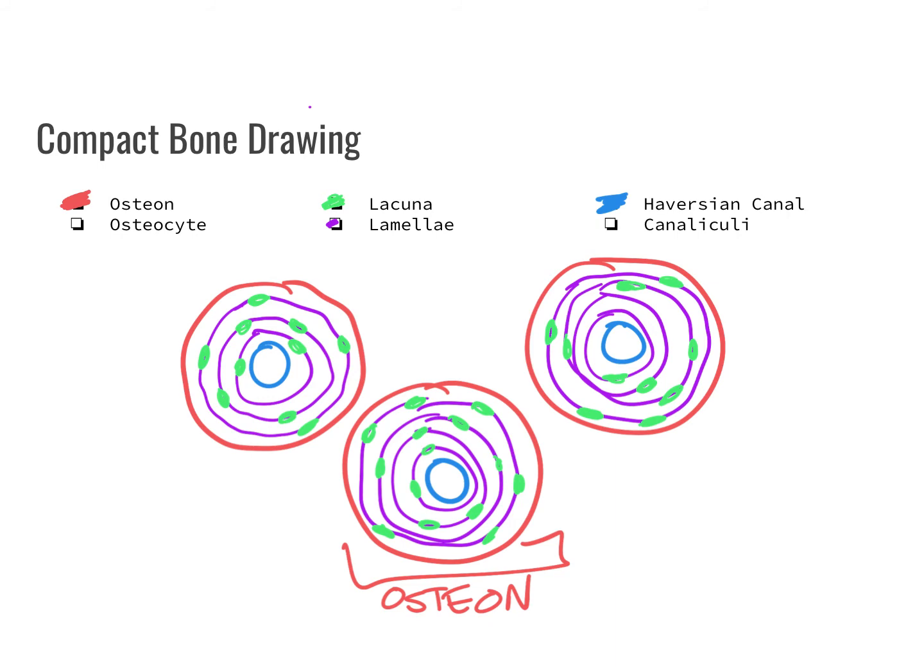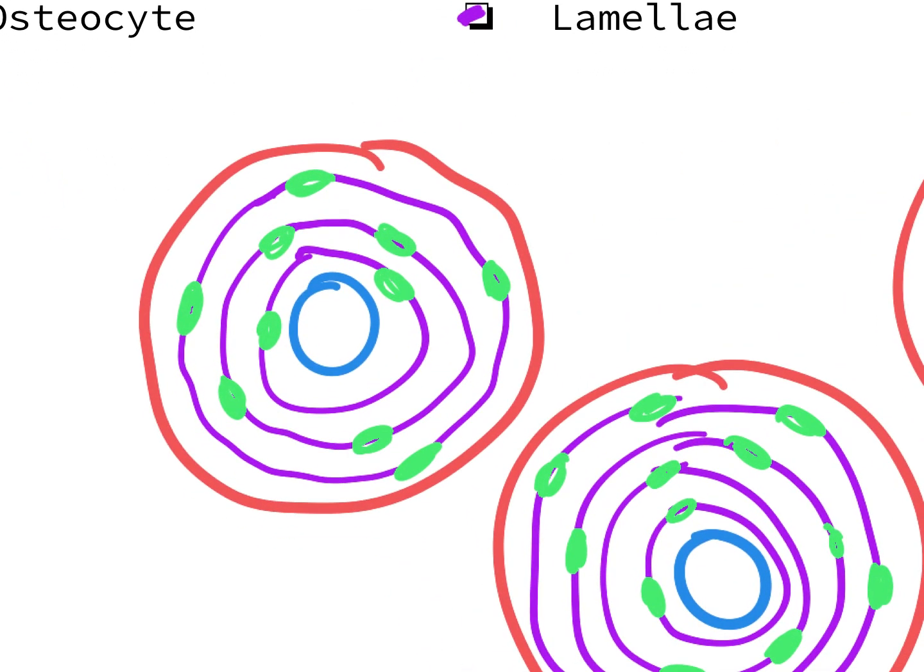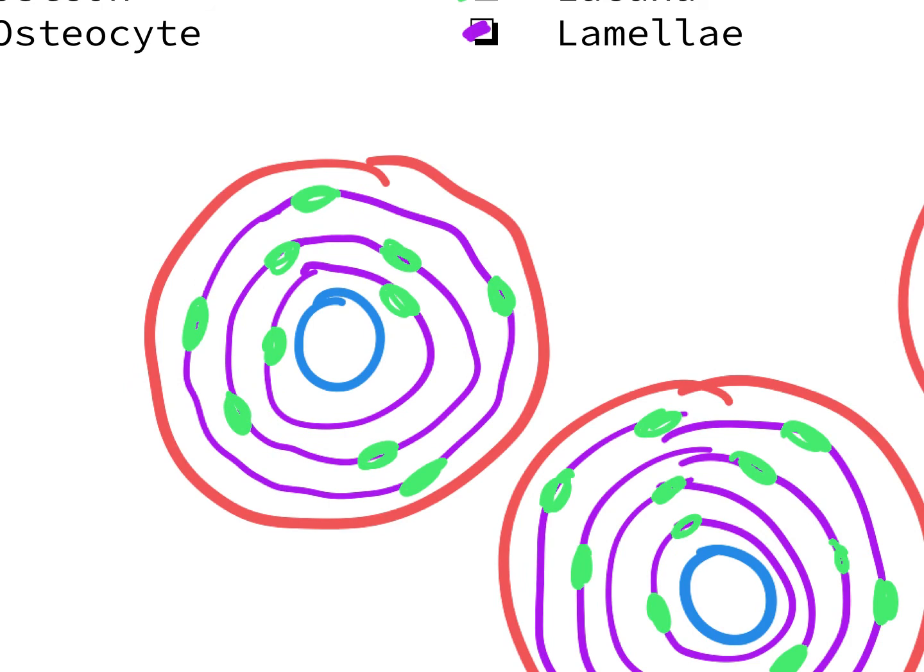They're little depressions. And then within each lacuna is a mature bone cell. We call those the osteocytes. So pick a color for your osteocyte. I'm just going to zoom in and I'm going to put a little bone cell inside each of my depressions. So this is a mature bone cell.